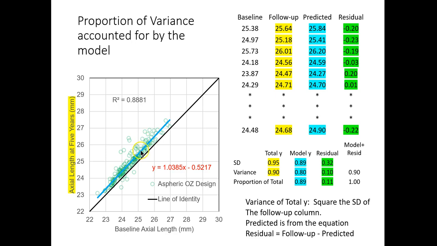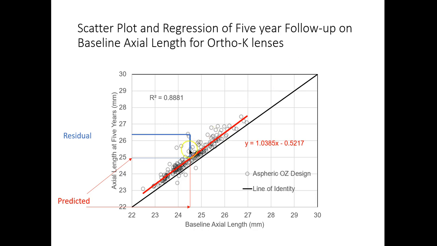It's going to be 25.64, the actual value. The predicted value when it's 25.38, the point that's on the line at 25.38, is 25.84. And when you take the follow-up and subtract the predicted, you get the residual. So that's what we were showing on this graph. The actual minus the predicted gives you the residual.